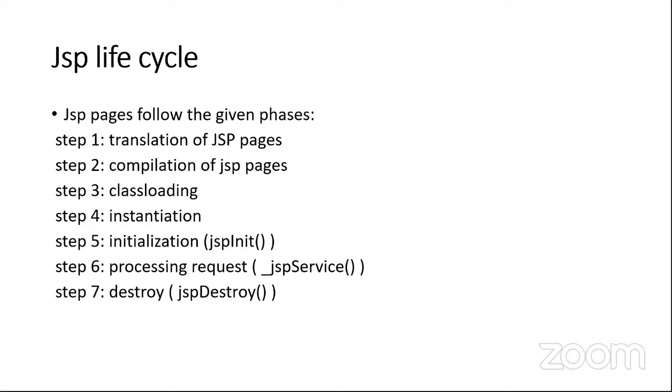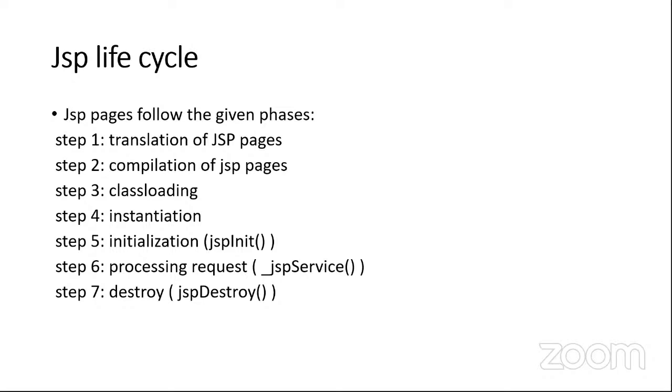The class loader loads the compiled class, and it gets instantiated, and it calls the init method, JSP init, especially for initialization. Then it goes to processing a particular request, which means the service we implement, and then we have a destroy method. When the particular JSP page goes out of scope, the destroy method gets called.